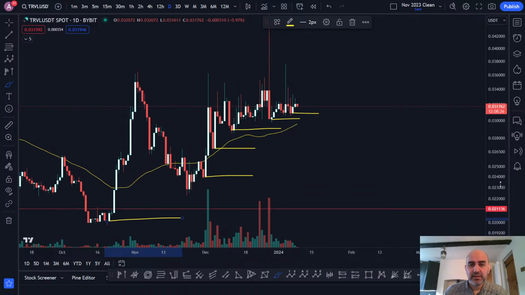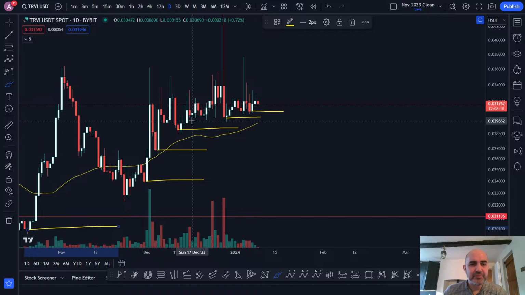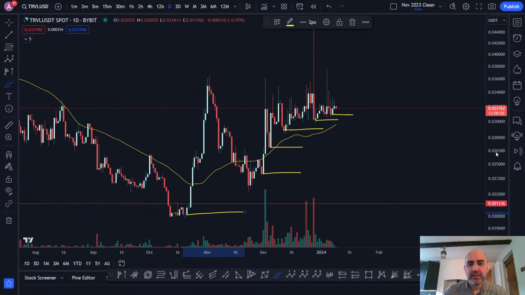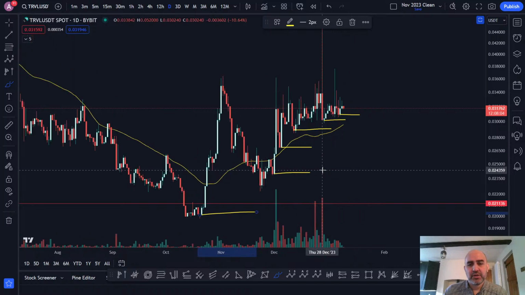So this is the thing: if people are going to sell, sure, they're going to get their market sales filled, because this is naturally where you're going to have a lot of limit orders at these daily levels. There's a lot of untapped daily levels which we've created in this consolidation range. So if you sell however much you want, you will get filled.